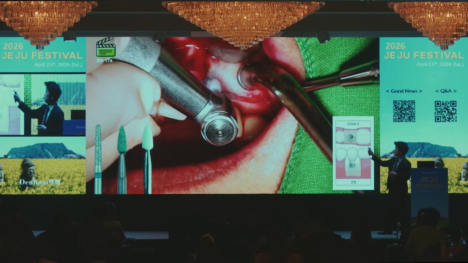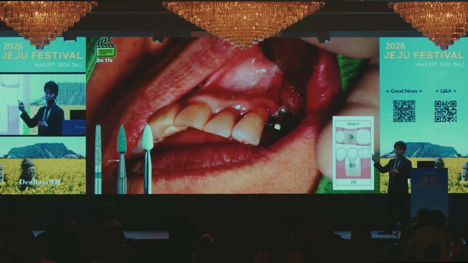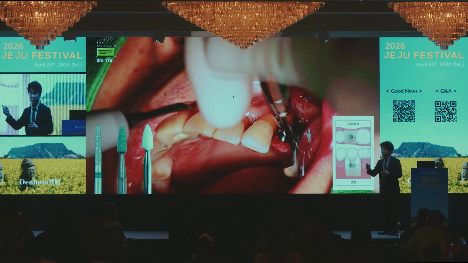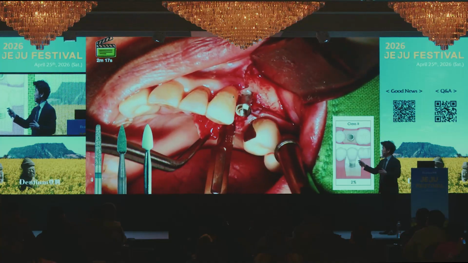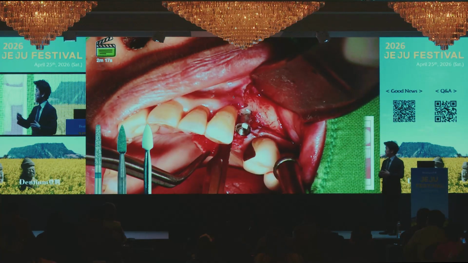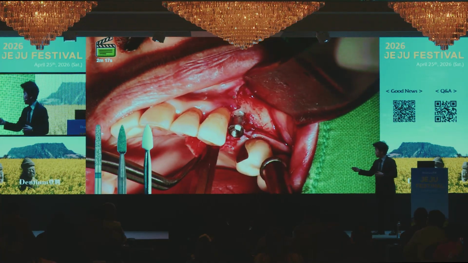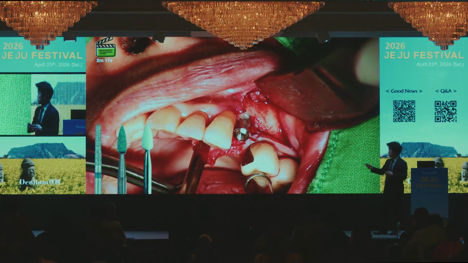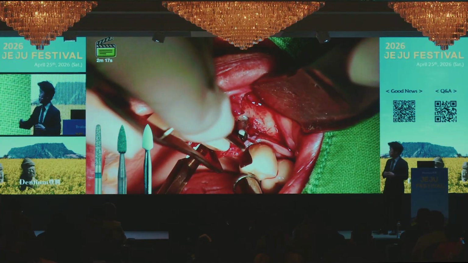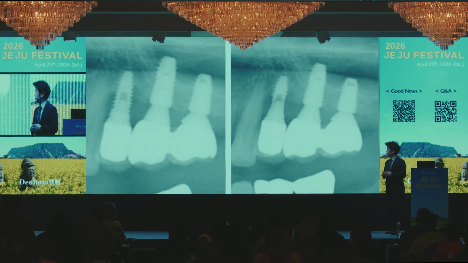And then titanium particles, such as dust, can be easily removed by the ultrasonic scaler. The palatal area is a sealing procedure to reduce the pocket, such as this area, with this motion, and then suturing.